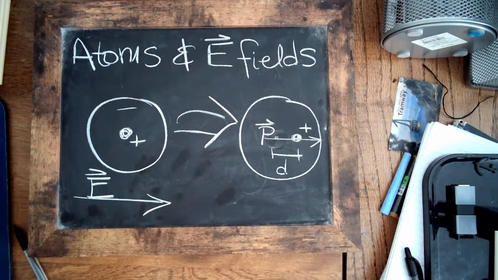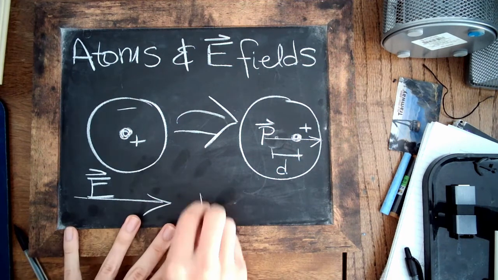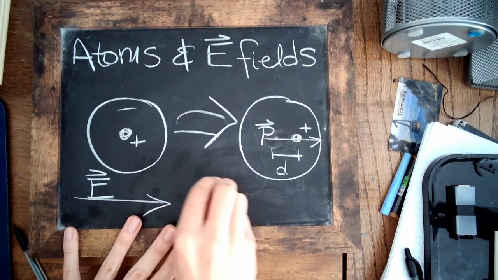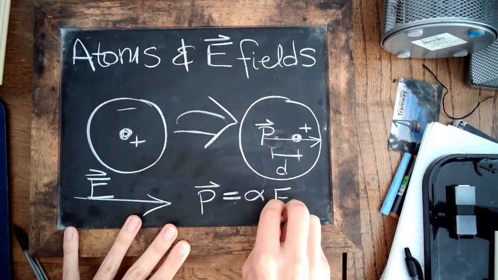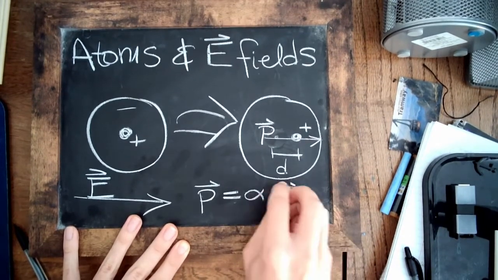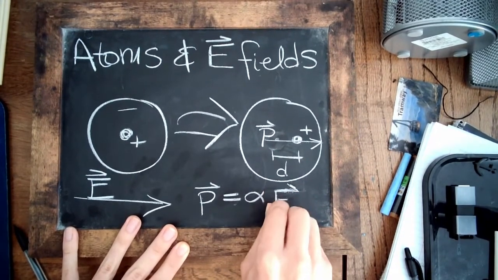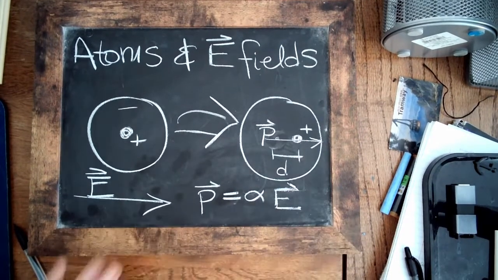And the question is, how big is this dipole? Well, a good rule of thumb for most materials is that the dipole is just directly proportional to the E field. Now that makes some sense since we said that it tends to be in the same direction.